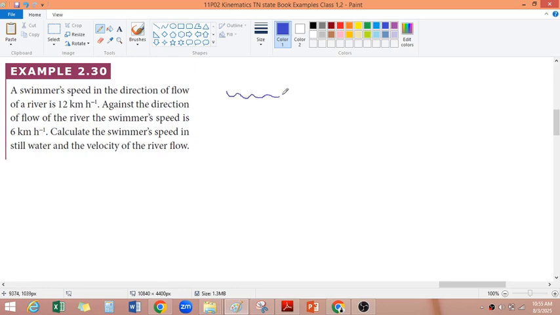So that means you have some river here, then there is a swimmer swimming, right?